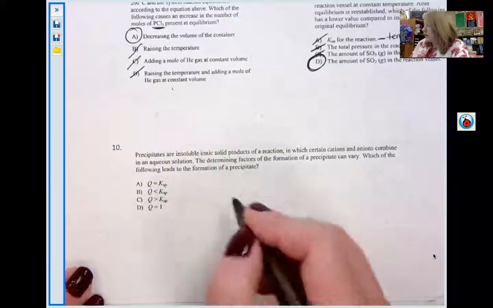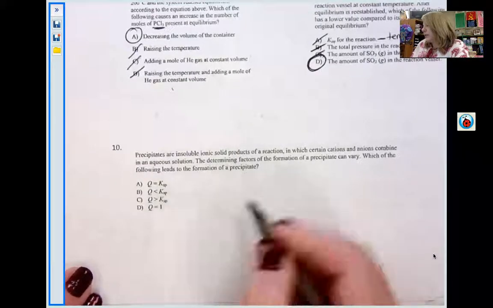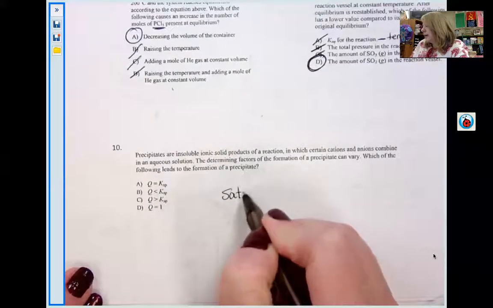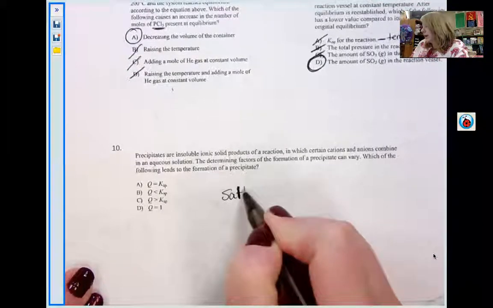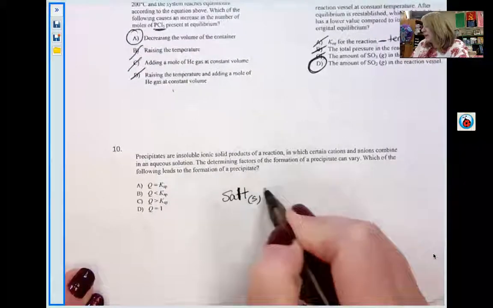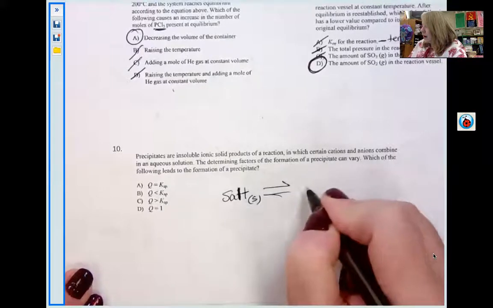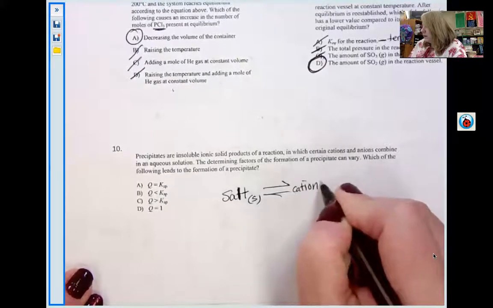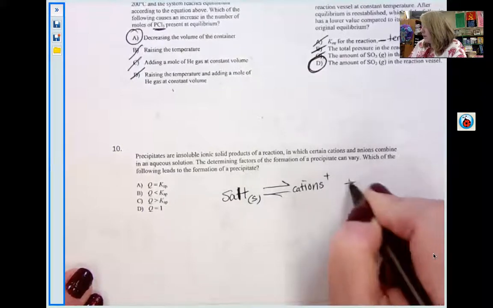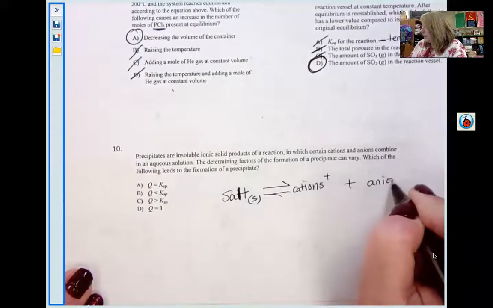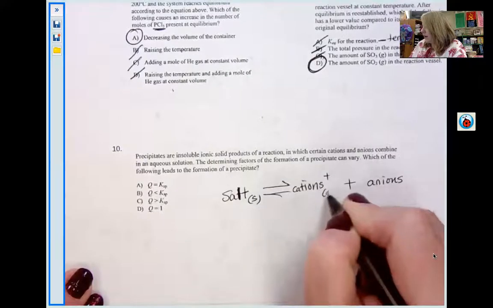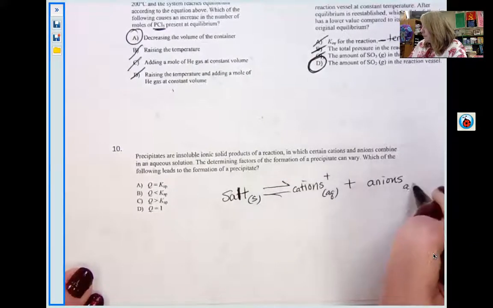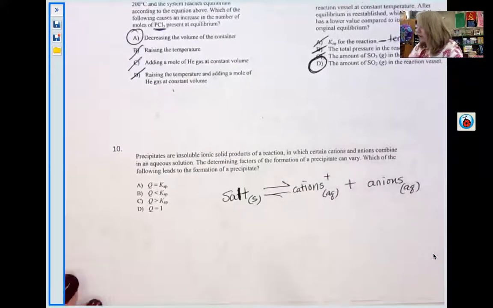One of the things you need to remember is in these precipitation reactions, you have a solid salt, and it breaks down into ions. So you have cations and you have anions. And each one of these are aqueous, right? That's what's happening in this reaction.